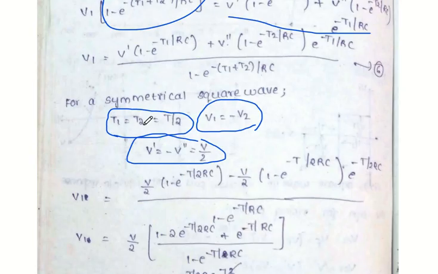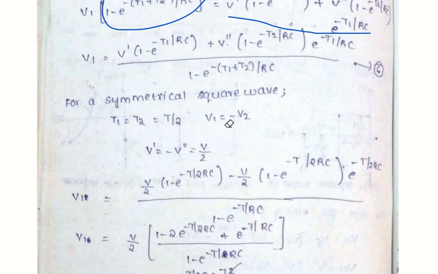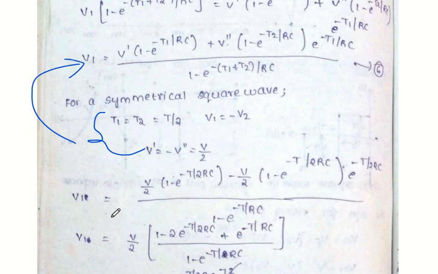Now, by applying these three conditions to this equation, V1 is equal to, we know that V dash is equal to V by 2 into 1 minus e power minus T1. What is the value of T1? T by 2 RC.